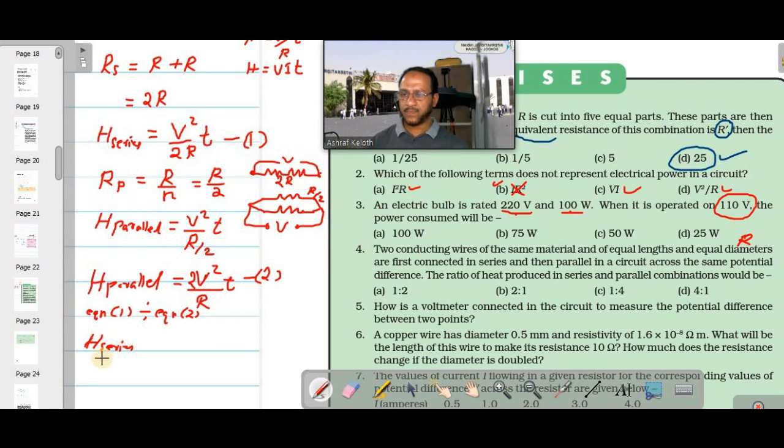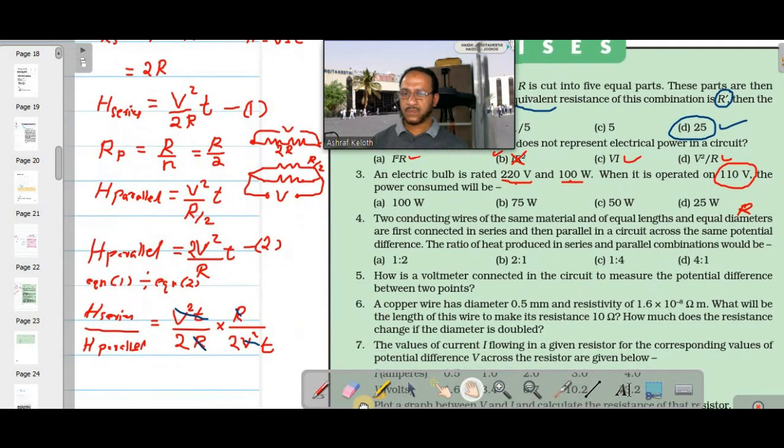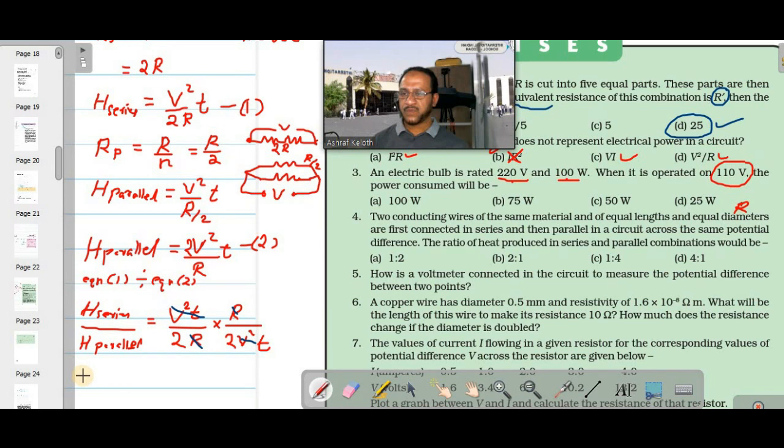On the left hand side, heat in series divided by heat produced in parallel, ratio of heat produced in series to parallel, is equal to, right hand side, for first equation it is V square into T divided by 2R, divided by, second equation is 2V square T by R. Instead of dividing, I am multiplying with the reciprocal, R by 2V square T. So here R cancels, V square T cancels, 2 into 2 is 4.